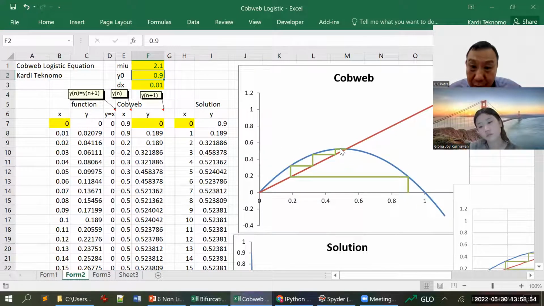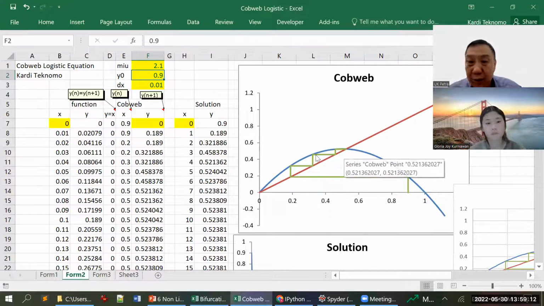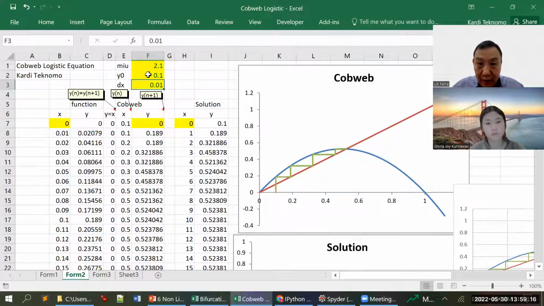So now you have two equilibria. One is 0 and the other one is the intersection between blue and red. If you start from y0 0.9, it will go not to 0 but to the second equilibrium. If you start from, for example, 0.1, again it will go to the second equilibrium.